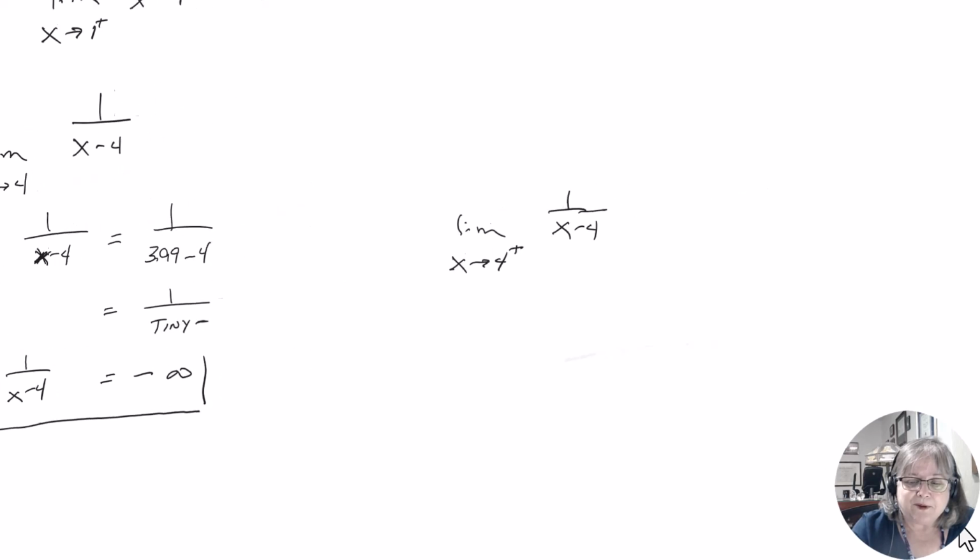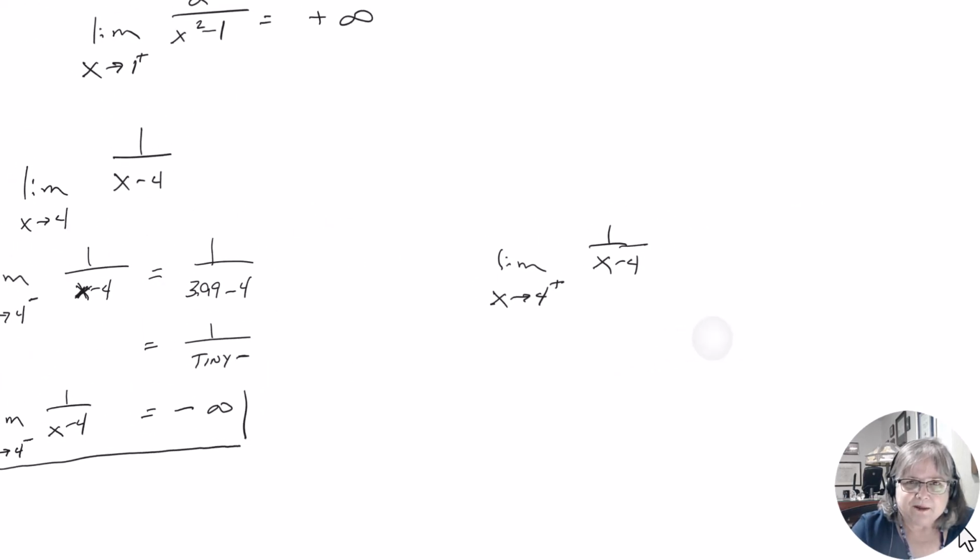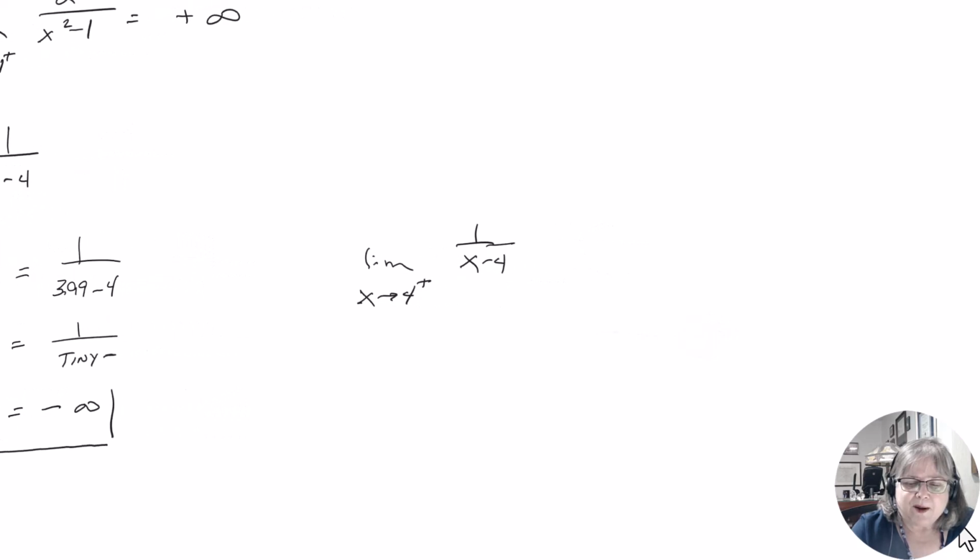So let's keep going. So I need a number to the right of 4. So I'm going to choose 4.001. You could pick 4.002 or 4.025, whatever makes you feel comfortable. So 4.001 minus 4. You don't actually have to do the math, run this on your calculator.